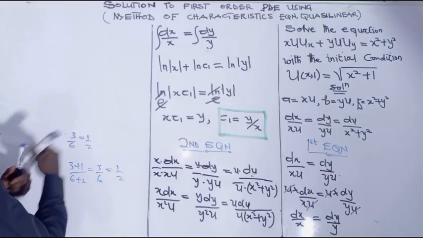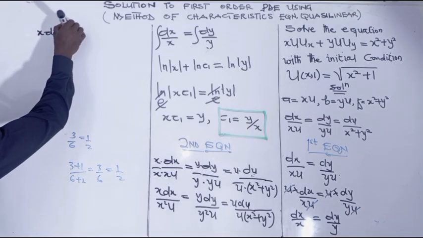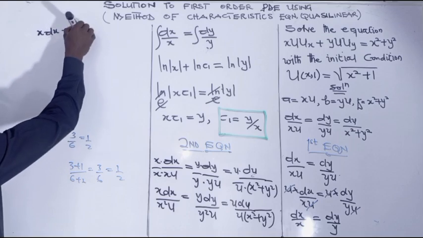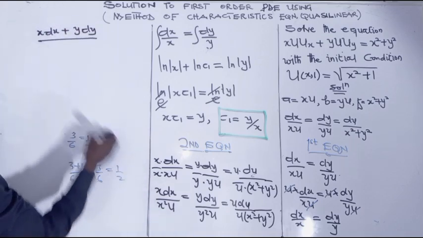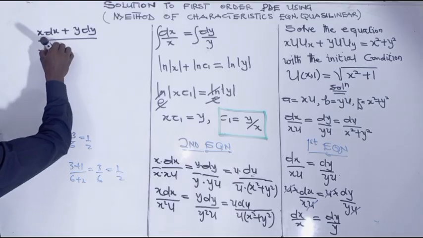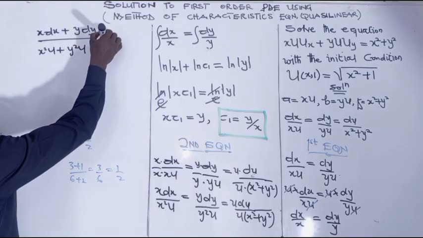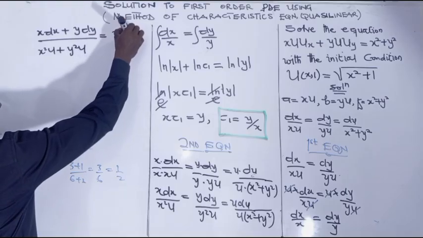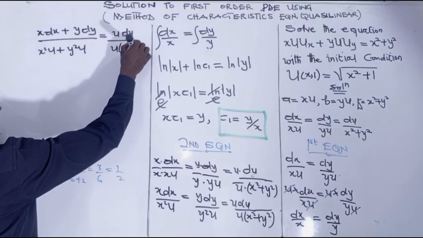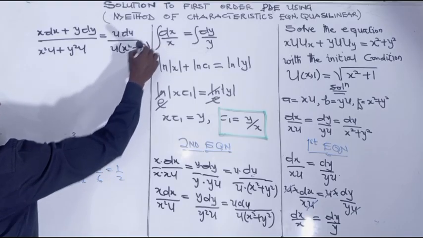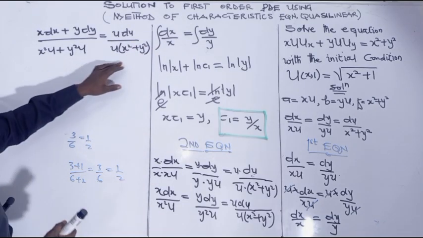So we have x dx plus y dy all over x squared u plus y squared u, equal to u du all over u multiplying x squared plus y squared. As I said, we are going to make sure that the denominators are the same.